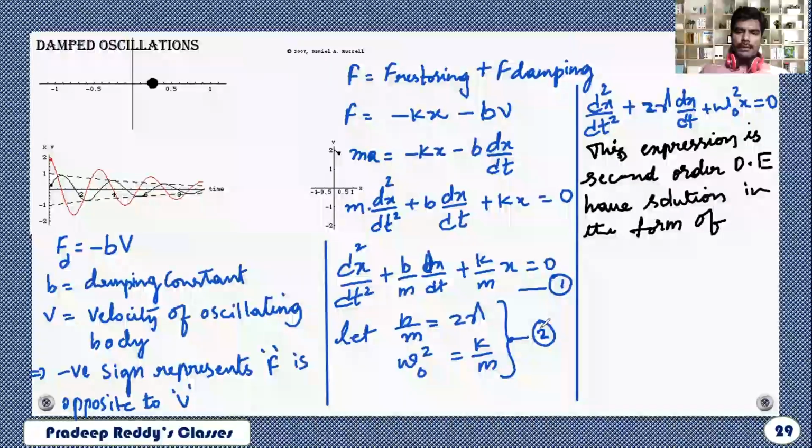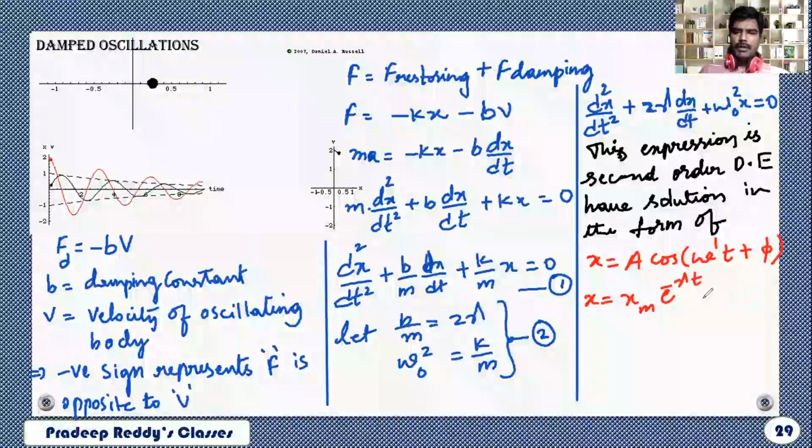The solution of the above expression can be in the form x is equal to a cos(ω′t + φ), or this can even be written as x is equal to x_m e^(-γt) cos(ω′t + φ).